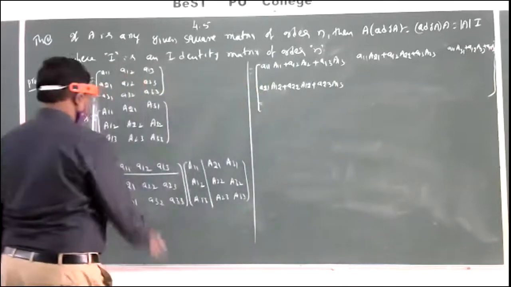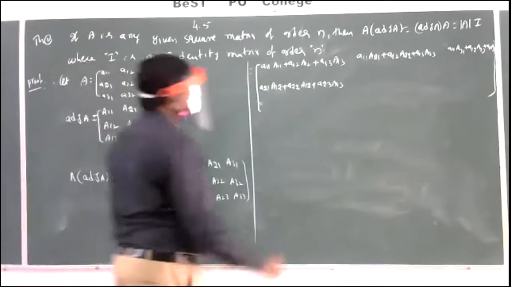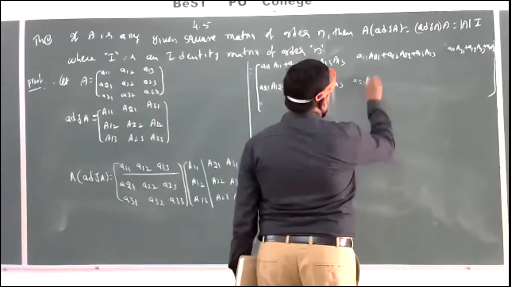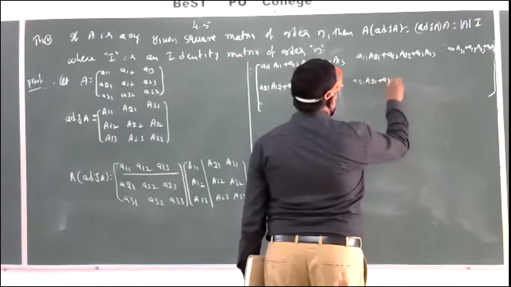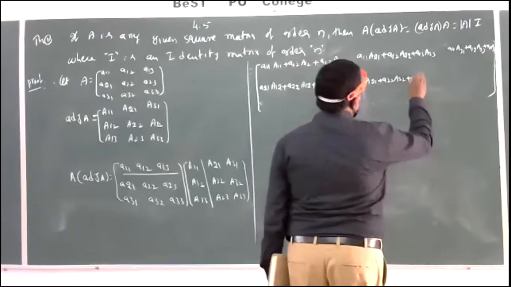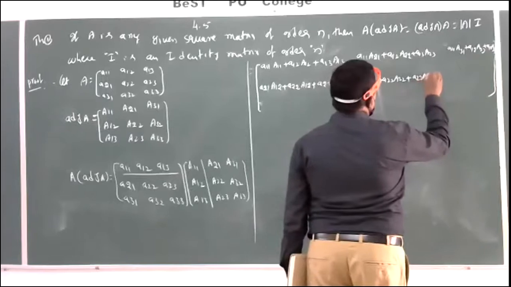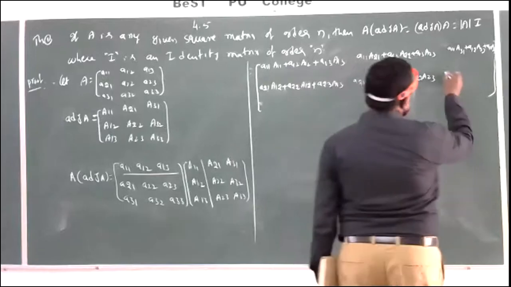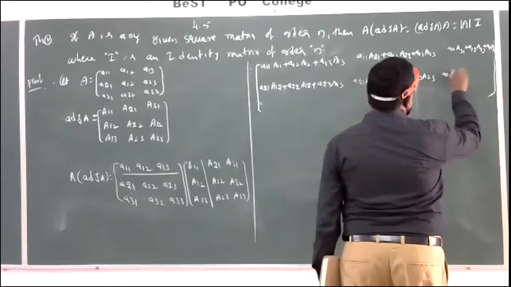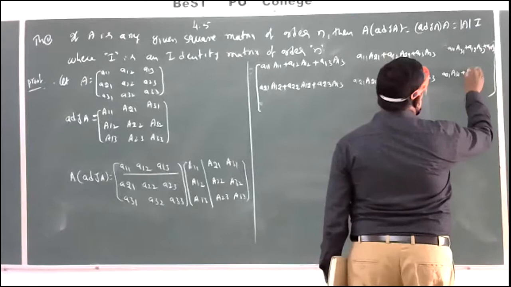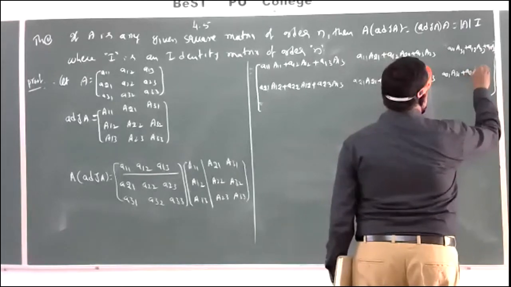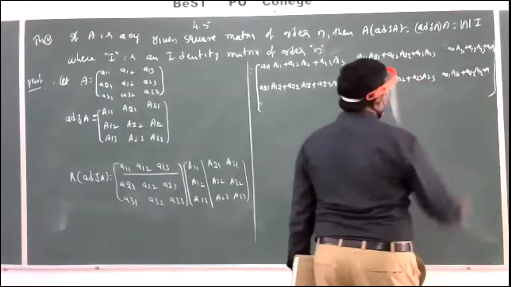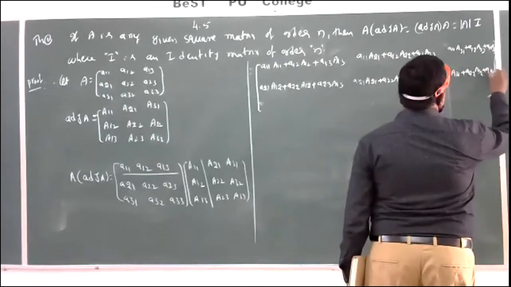Next, second row, second column: A21 capital A21, A22 capital A22, A23 capital A23. Next, second row, third column: A21 capital A31, A22 capital A32, A23 capital A33.